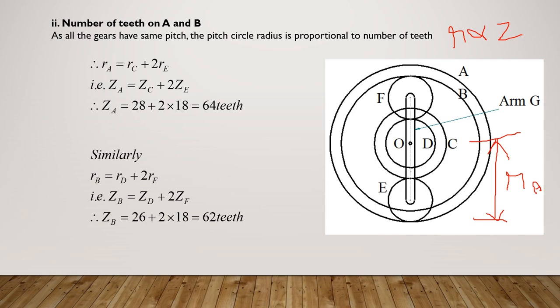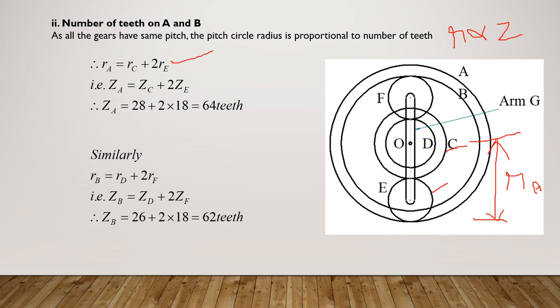Okay, so see how you can write this relation. If I write this RA distance, RC is one distance, the radius of gear C, plus 2 times the radius of E. So the radius of gear C and 2 times the radius of gear E will give you RA.